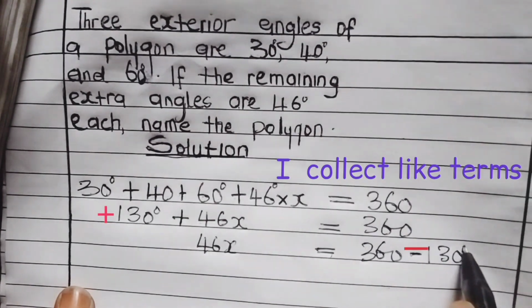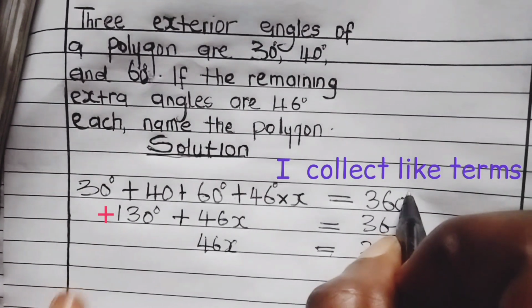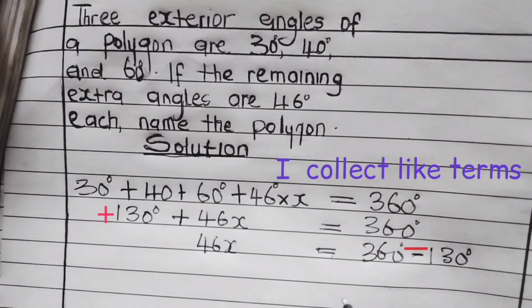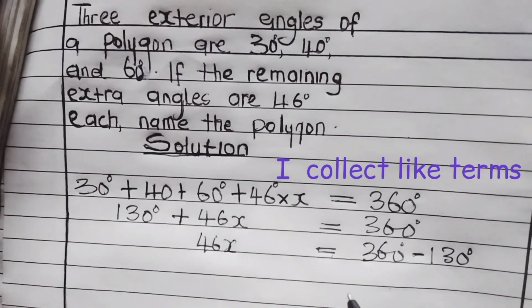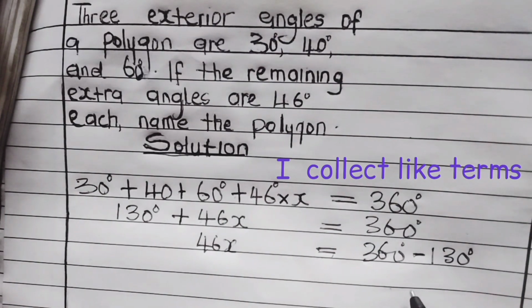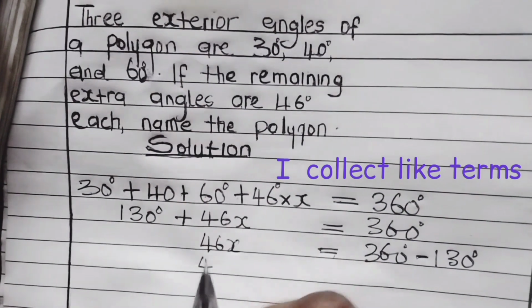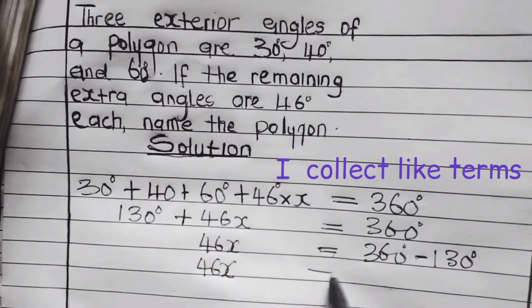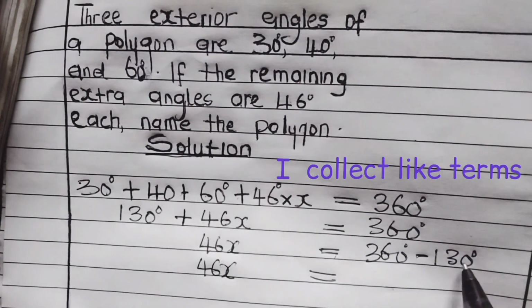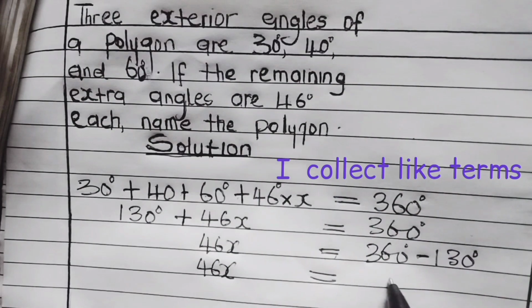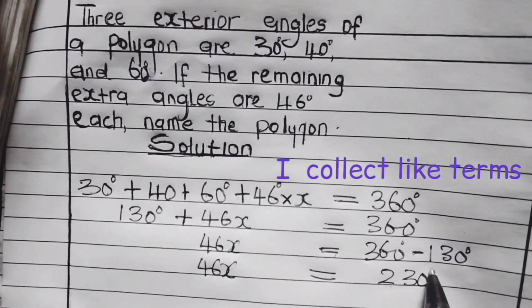Angles are measured in degrees. So 46x is equal to 360 minus 130, which gives me 230 degrees.